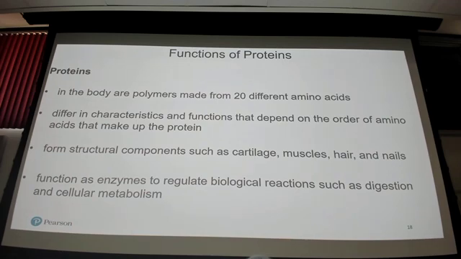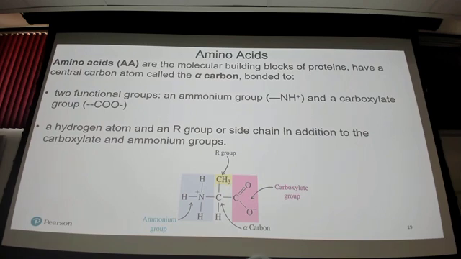Looking at the structure of a single amino acid, there are a couple of components. So here's an amino acid. Every amino acid will have an ammonium group, which is always going to be on the left.